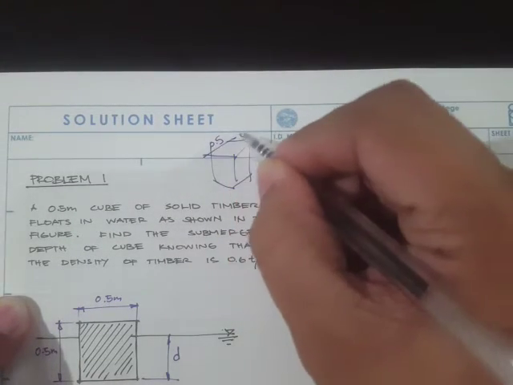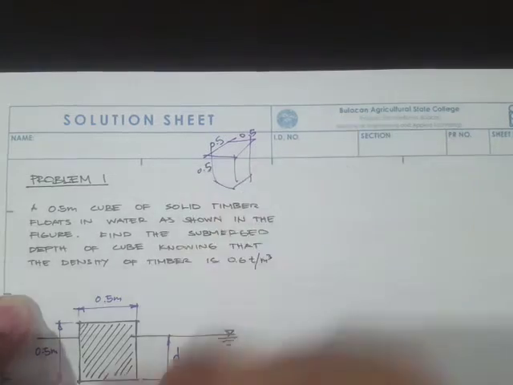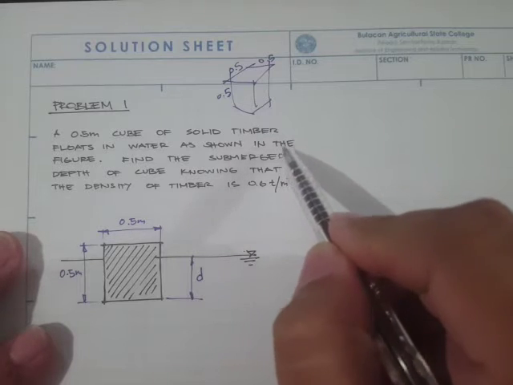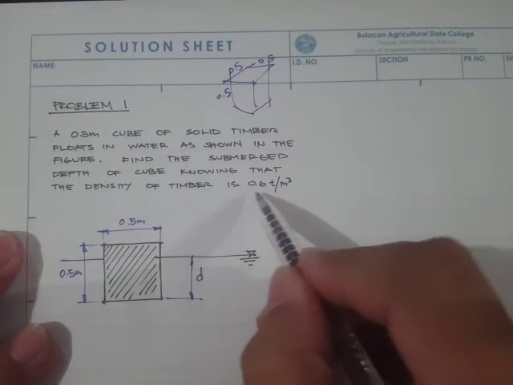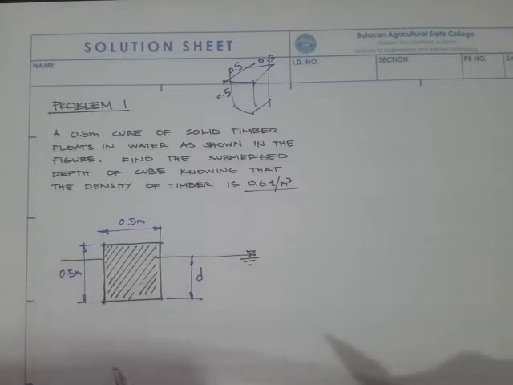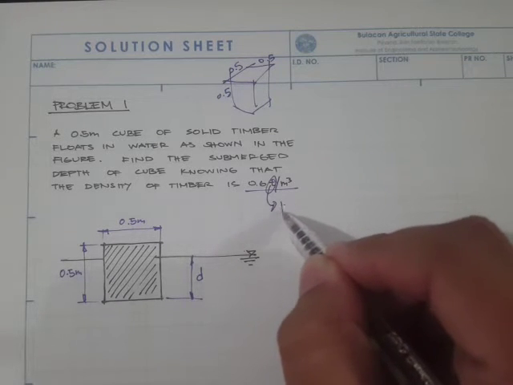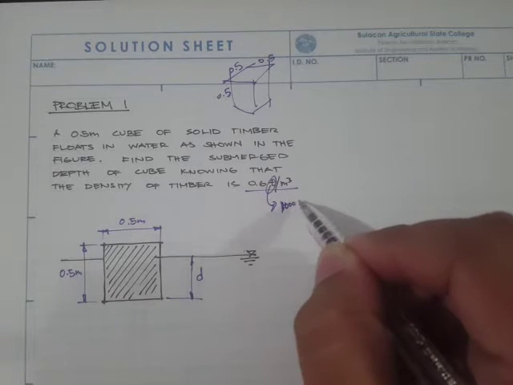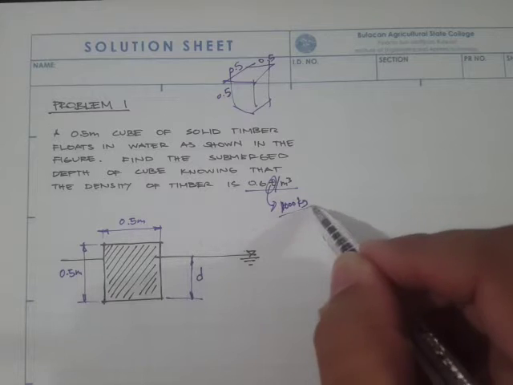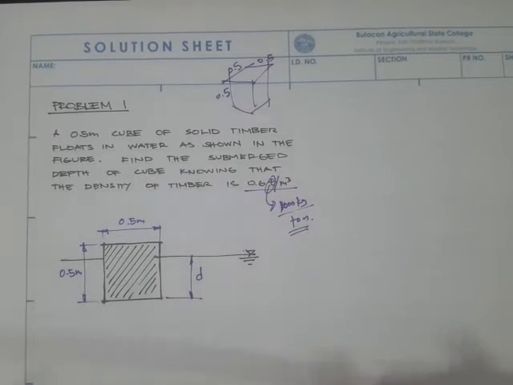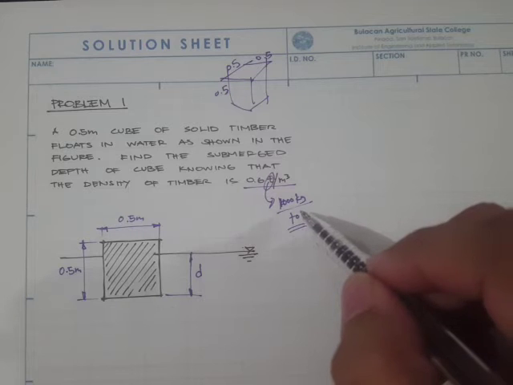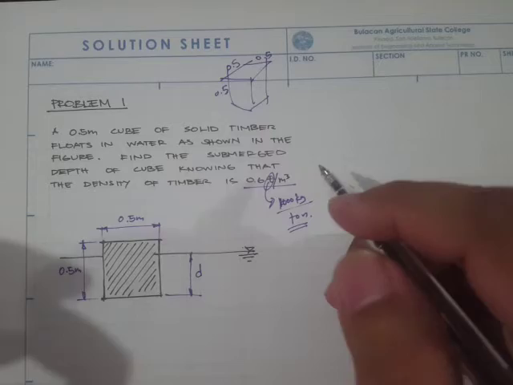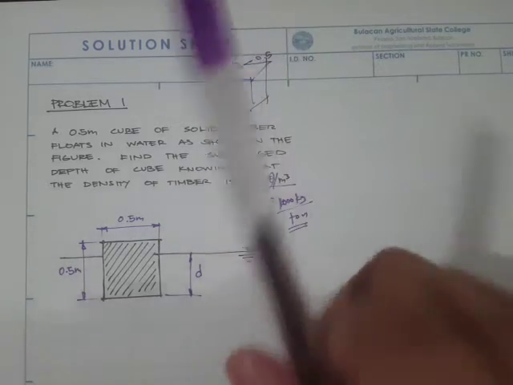So this is 0.5, 0.5, and the depth is also 0.5. The problem gives us the density of the timber, which is 0.6 tons per meter cube. This ton is in terms of mass, which is equal to 1,000 kg per ton. So we can solve for the unit weight by converting this mass density into the specific weight.